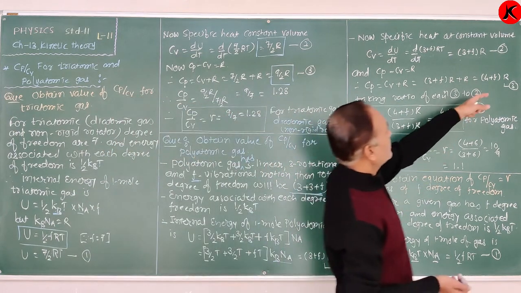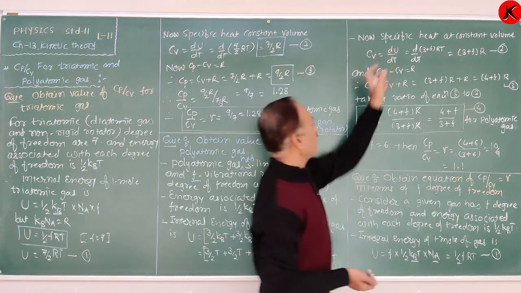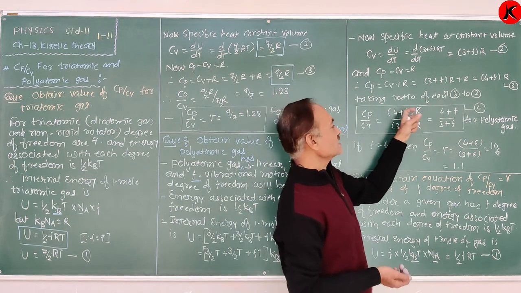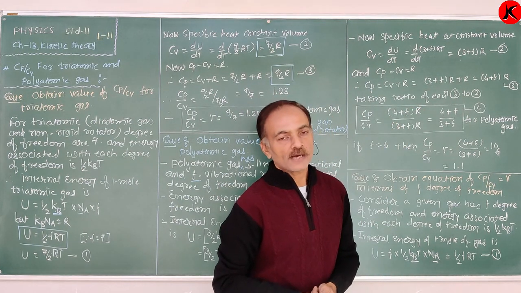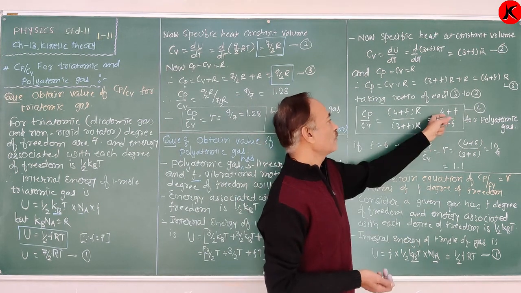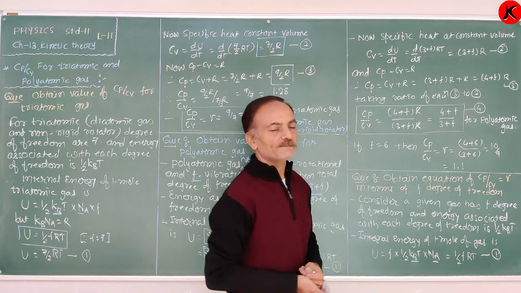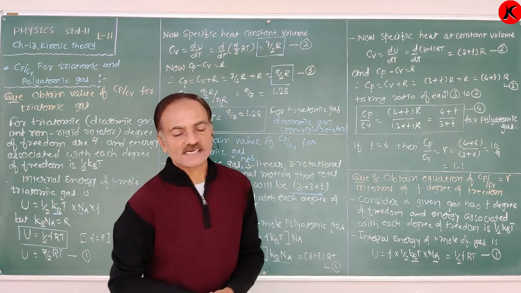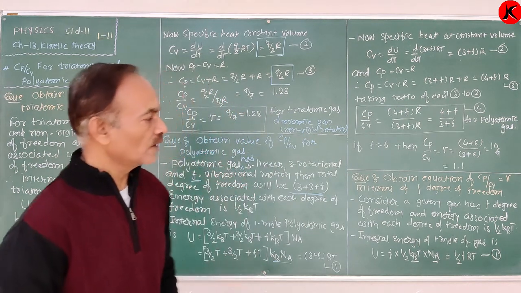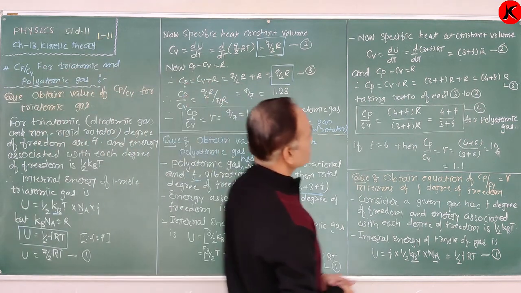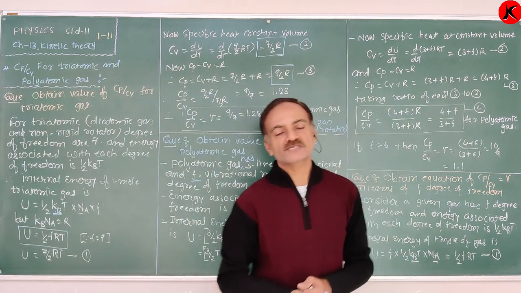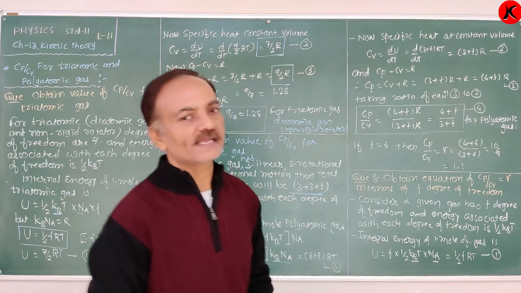Now taking the ratio of equation 3 to 2, Cp upon Cv. Therefore (4 plus F) into R upon (3 plus F) into R. R is cancelled. Therefore (4 plus F) upon (3 plus F) is the equation for polyatomic gas. So this equation represents the ratio of Cp upon Cv for polyatomic gas.